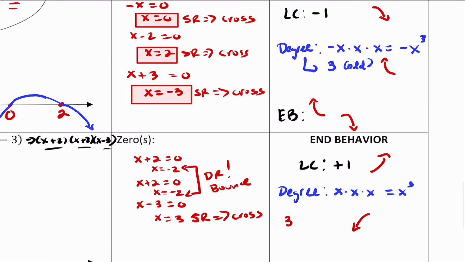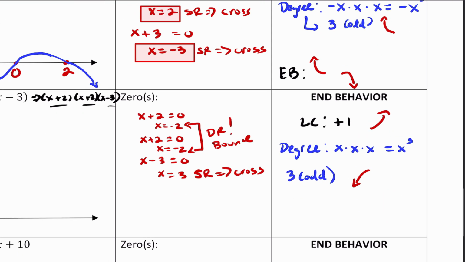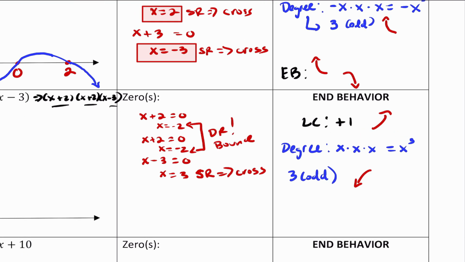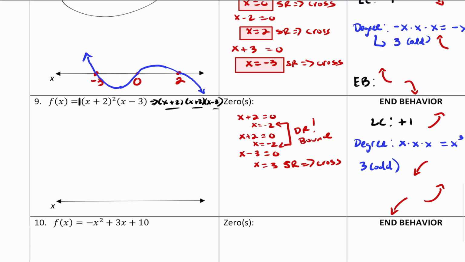Okay, so our degree is odd, so we need to have the opposite of this thing, which is bottom left. Okay, so our end behavior should look like this.